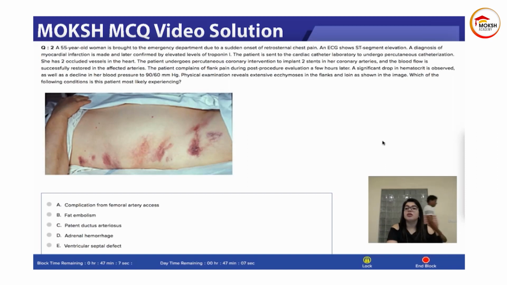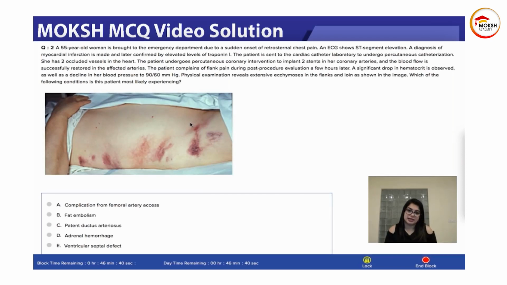So just remember pregnancy, severe anemia, hyperthyroidism, and AV fistula as the possible causes of high output heart failure. You will be asked to differentiate between these three things: either a hematoma, an AV fistula, or a hemorrhage. So this was a retroperitoneal hemorrhage as a result of femoral artery access.